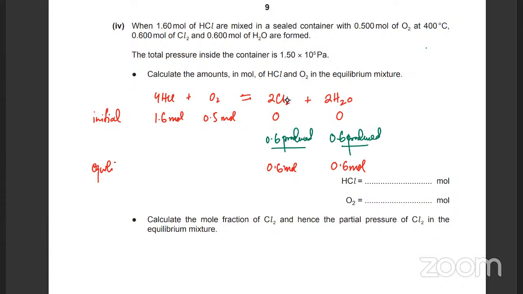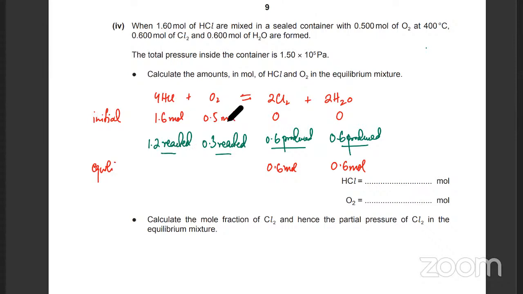So to make 0.6 of this, because 0.6 is getting produced, 0.3 must have reacted, right? And similarly, to make 0.6 moles, how much HCl must have reacted? It's 2:4. So if you want to make 0.6, double the amount of HCl must have reacted. So that's 1.2 that would have reacted, right?